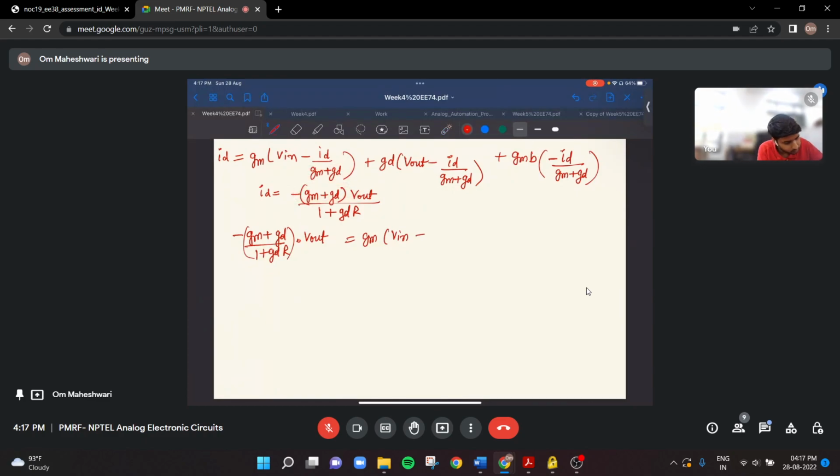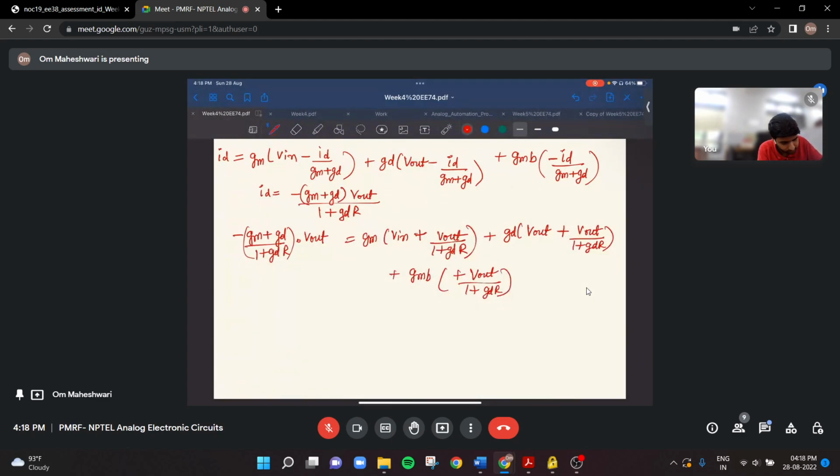So this GM plus GD and this GM plus GD will cancel. We will get V out by 1 plus GDR, minus the same thing, plus V out by 1 plus GDR, plus GMB again the same thing, plus V out by 1 plus GDR.